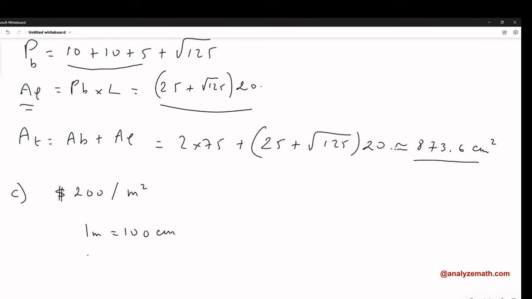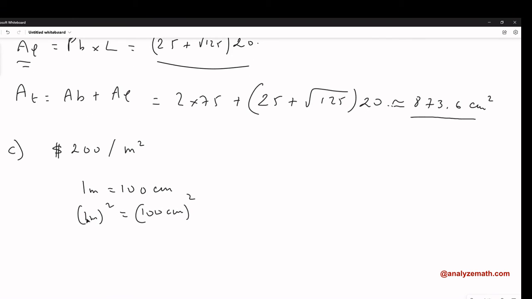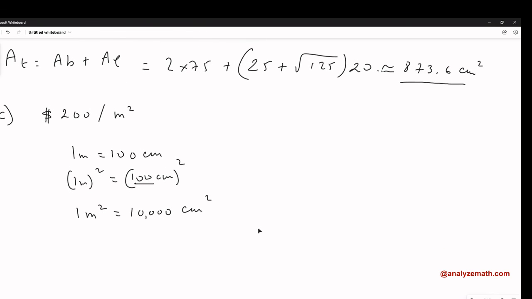Now we square both sides, because we need squares. 1 square is 1. And meter square is meter square. 100 to the power 2, that's 100 multiplied by 100, and that's 10,000. And then the centimeter is centimeter squared.